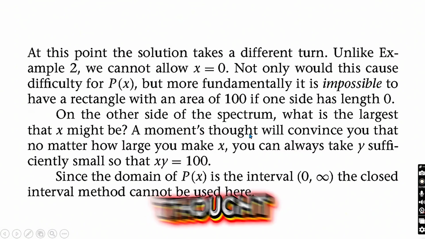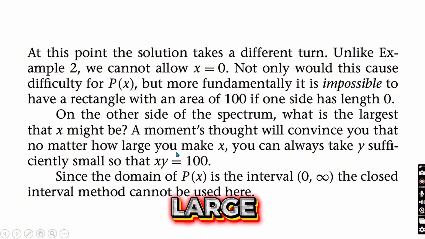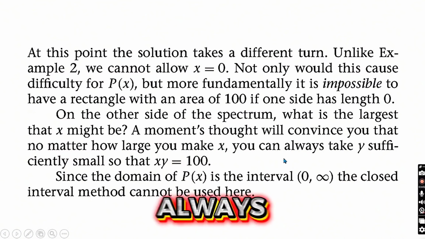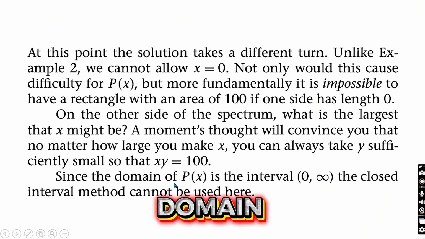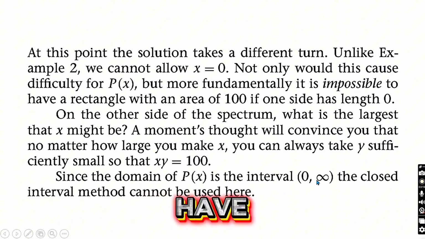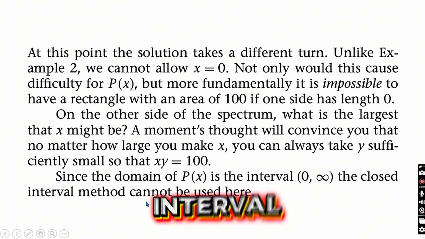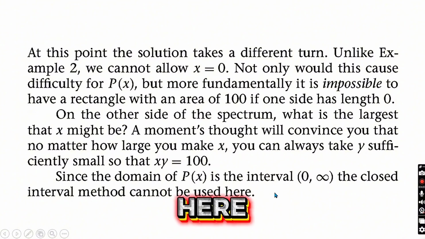A moment's thought will convince you that no matter how large you make x, you can always take y sufficiently small so that the product of x and y is equal to 100. Since the domain of the given function is the interval from 0 going to positive infinity, that means the closed interval method cannot be used here.